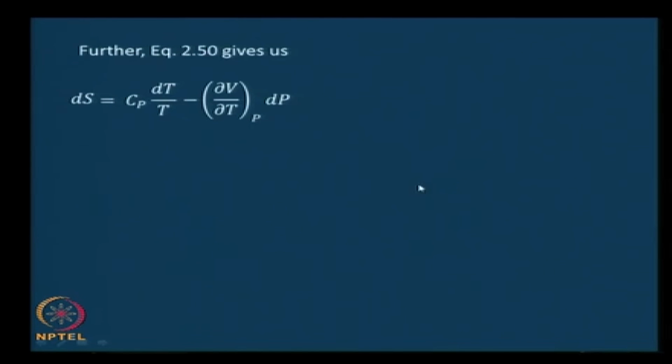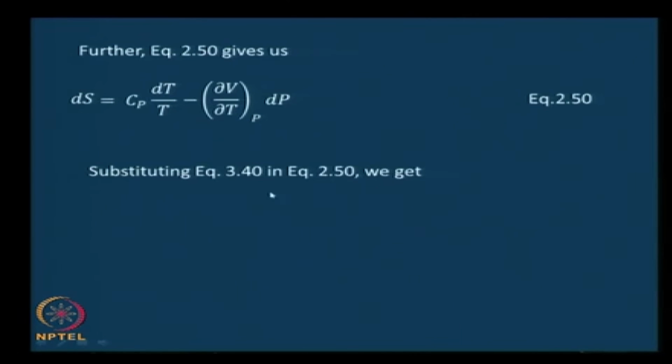This is essentially what 250 gave us, and substituting equation 340 in 250 for ∂V/∂T at constant P and so on, we get dS equals Cp ideal gas dT by T minus, we have already shown that ∂V/∂T at constant P was R by P, so we substitute that here, R by P dP.